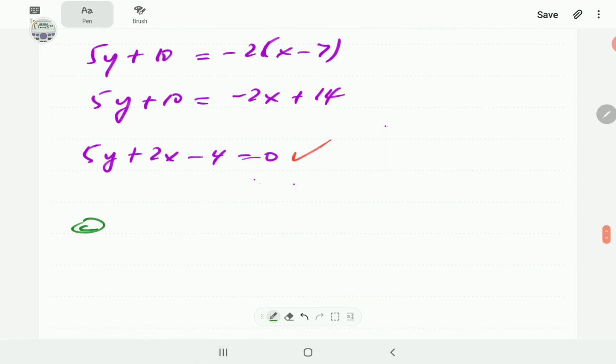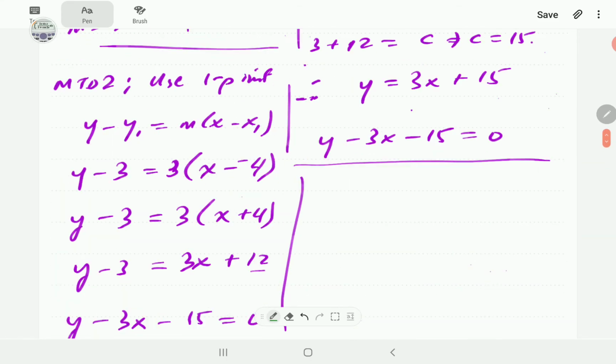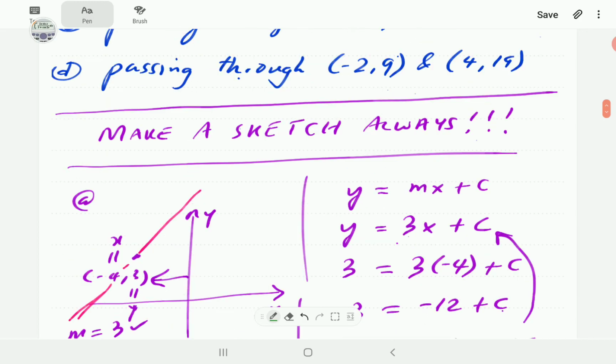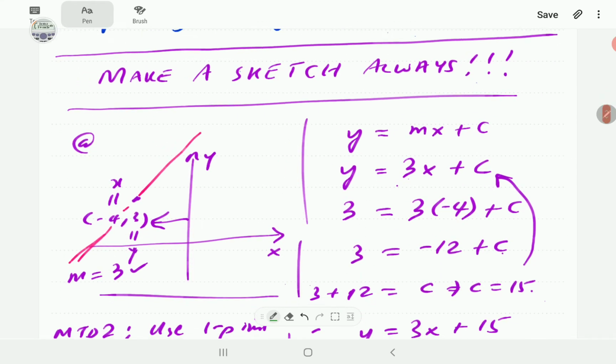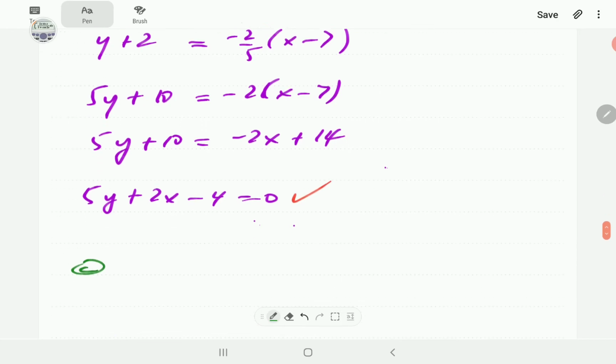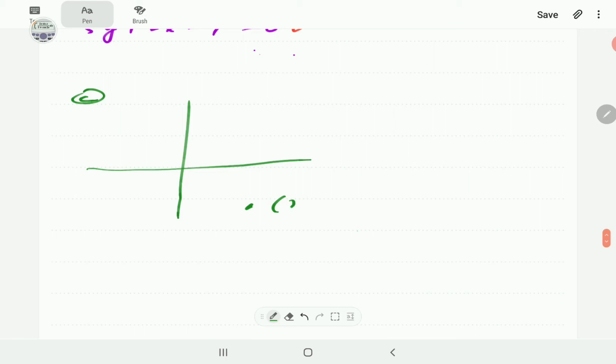Okay, now for question C, we are looking for a straight line that passes through 3, minus 8 and minus 4, 6. So let's make a sketch of this. 3, minus 8 is in quadrant number 4.